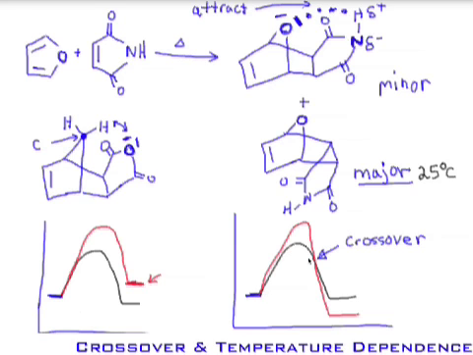The black line is followed. But as you raise temperature and you go to 90 degrees Celsius, the exo becomes major.